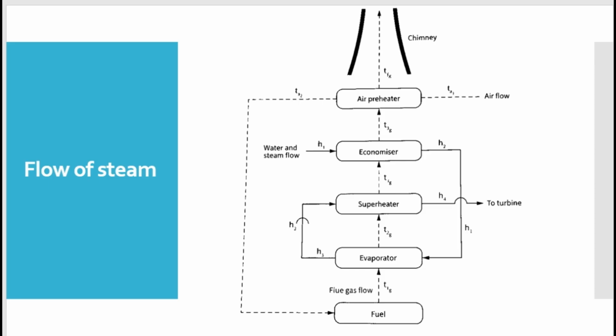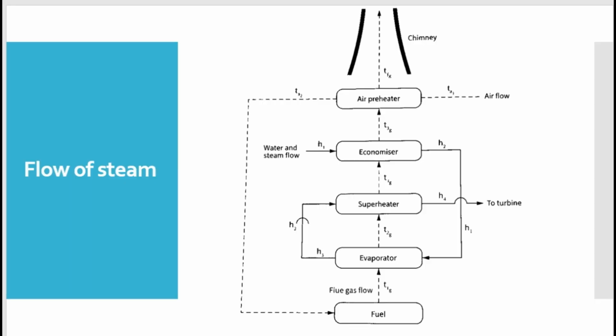Let's talk about the flow of steam, how steam flows, and how flue gases move from the burning of fuel in the combustion chamber to the chimney.